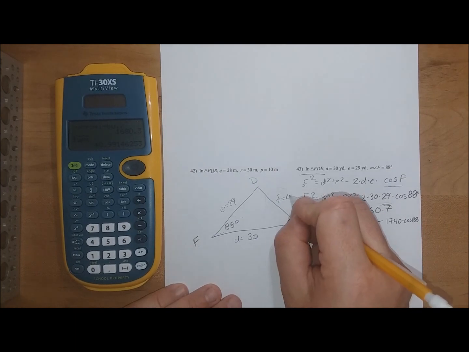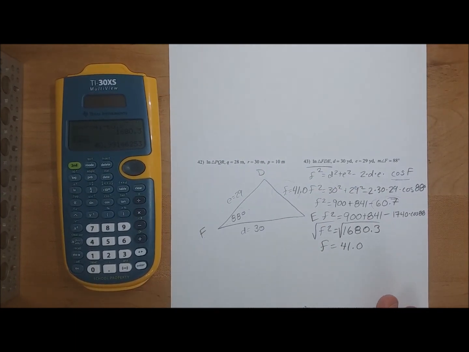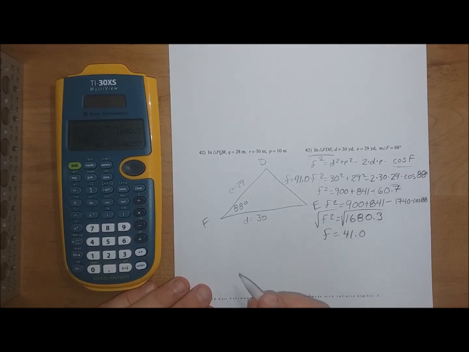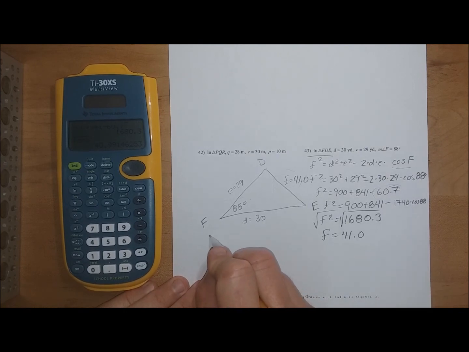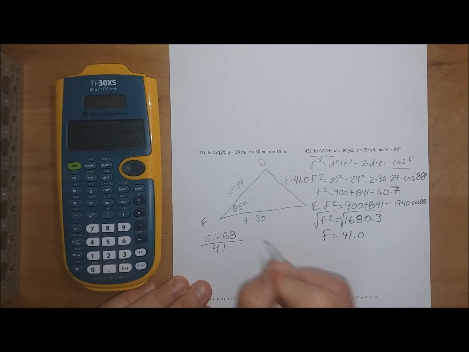Good. So if F is 41.0, now the good news with the law of cosines is if you're solving a triangle with it, you will have to use it at most once. The second time, when you're looking for the next piece of information, you can use the law of sines. So I could say the sine of 88 over 41 will equal, which angle do you want to go after next?